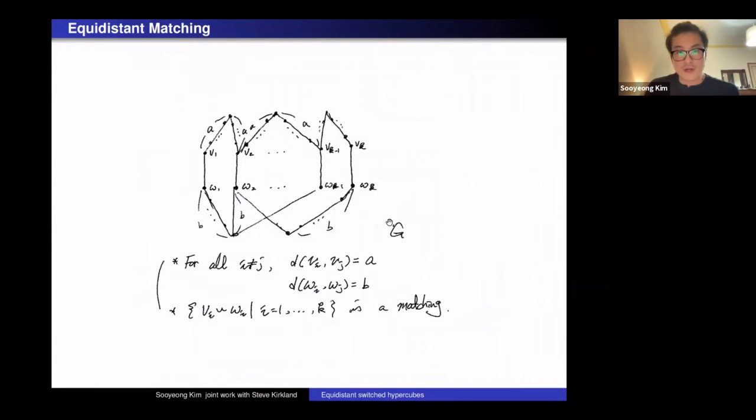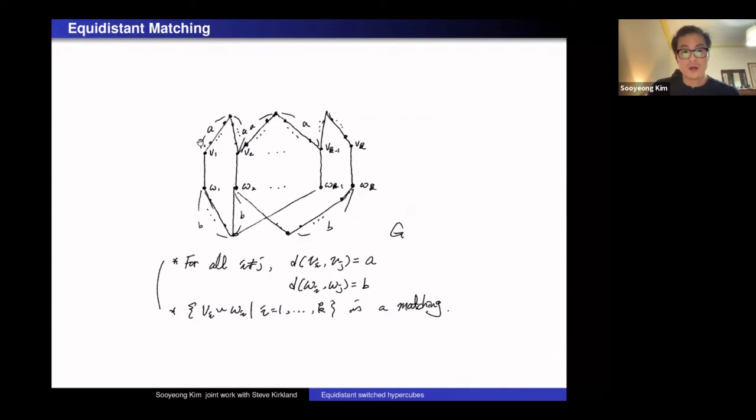Given a graph G, we are going to pick a matching of size K: V1, W1, V2, W2, up to VK, WK. Those edges comprise a matching in G, and we are going to impose more conditions on that matching.